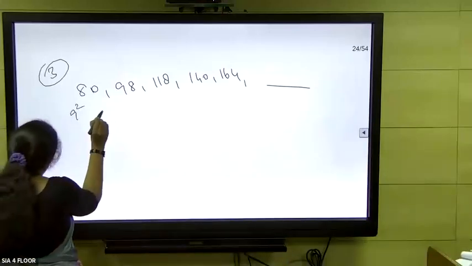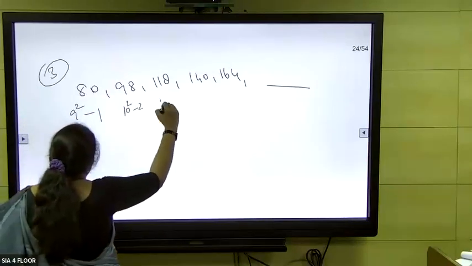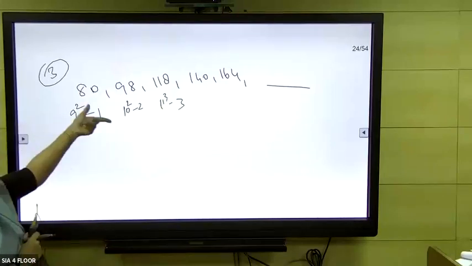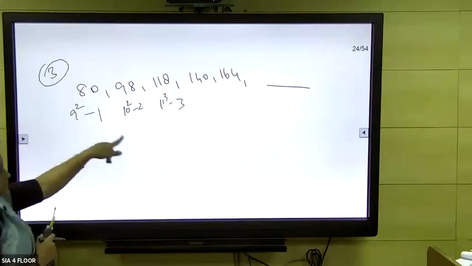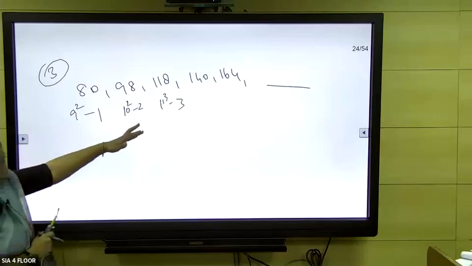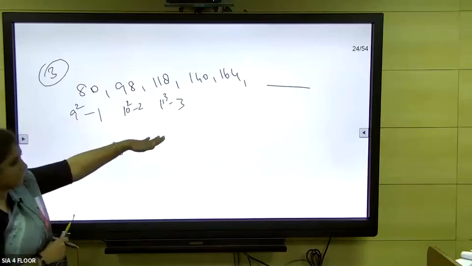So this is 9 square minus 1, this is 10 square minus 2, and this is 11 square minus 3. What makes the difference between this sequence and the previous one is that earlier they subtracted the same value from all, but here it's increasing. The value you're deducting from each number is increasing by 1.